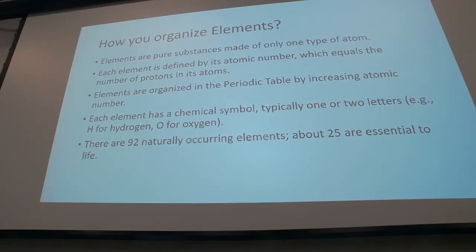Ag is argentum, which is basically the Latin for silver. Aurum for gold. So they have a meaning, they have kind of an origin. So that's basically the name of the element.